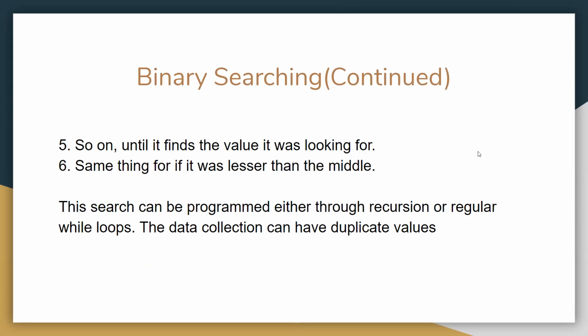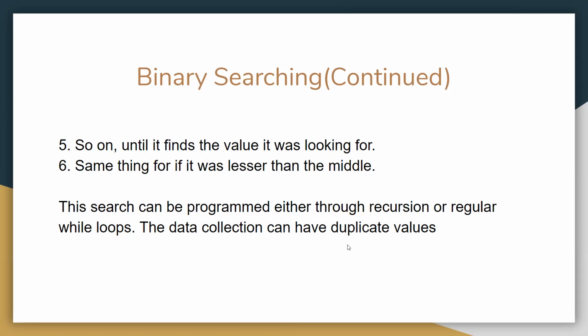If it's greater than, it blocks out the lower half. If it's less than, it blocks out the upper half, and so on until it finds the value it's looking for. If the value was lesser than the middle, it'd block out the upper half and only search the lower half. So you can see how this is more efficient than sequential searching.